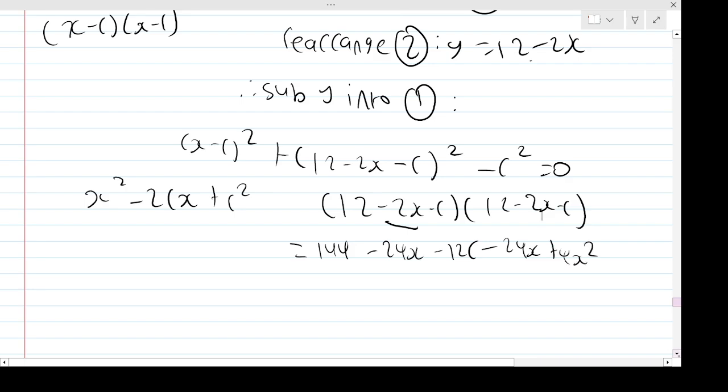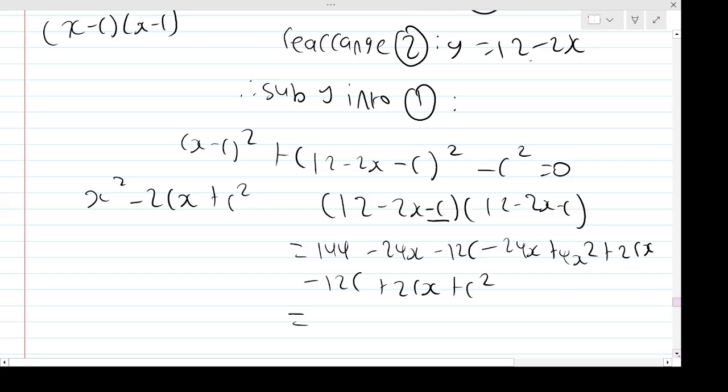Then minus 2x times minus r is plus 2xr, or 2rx. Lastly we deal with the r term: minus r times 12 is minus 12r, minus r times minus 2x is plus 2rx, and minus r times minus r is plus r squared.